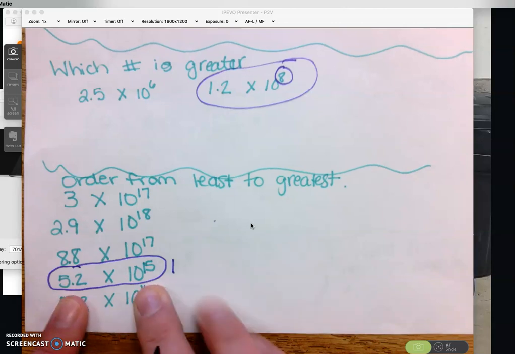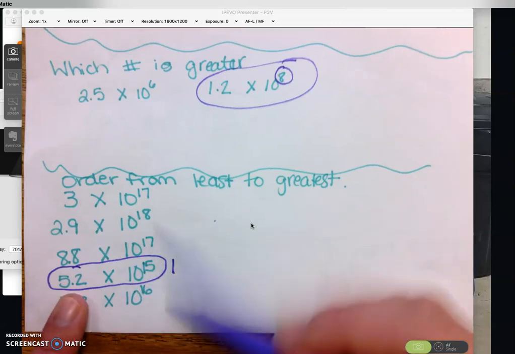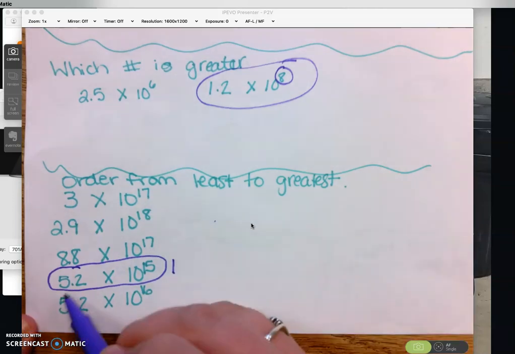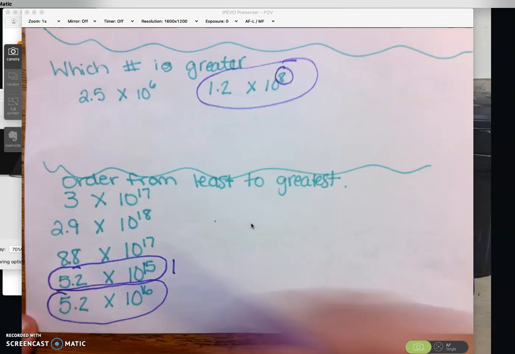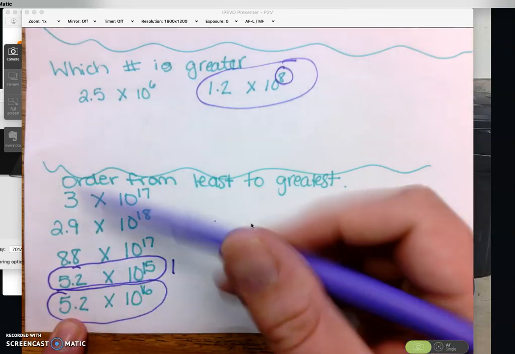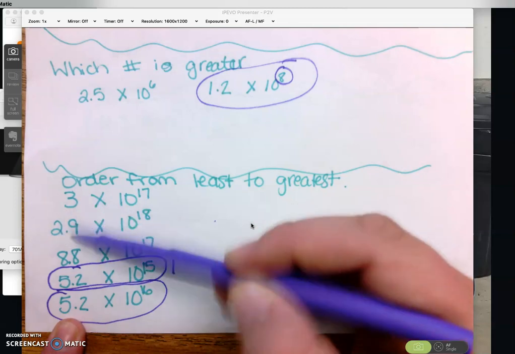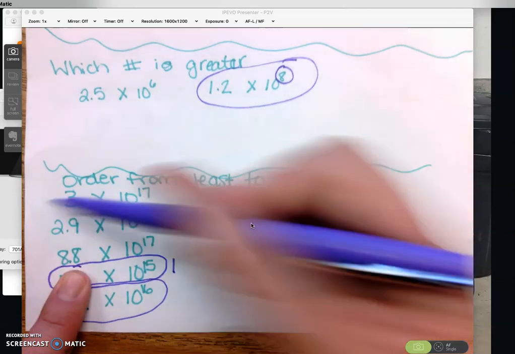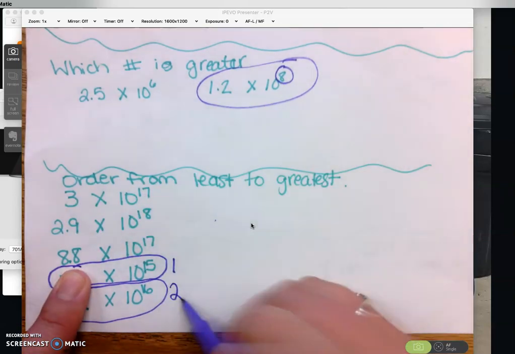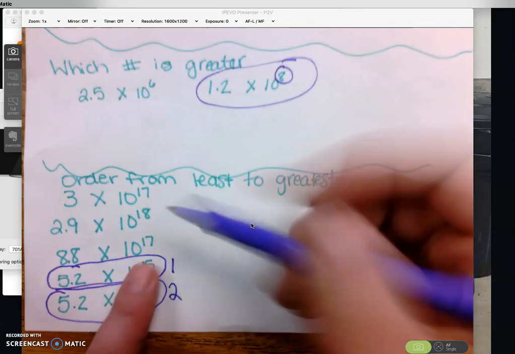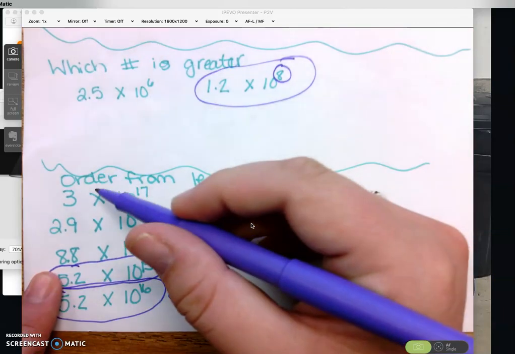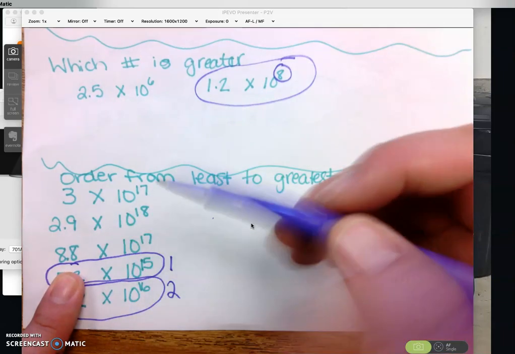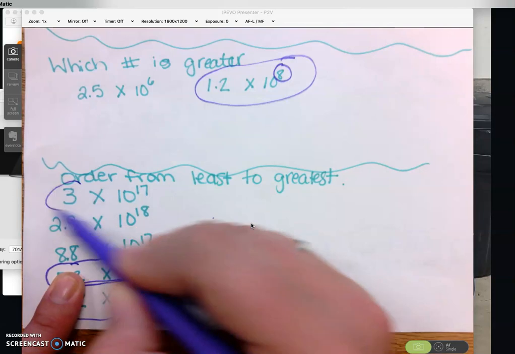Okay. So that's going to be the smallest. Then we go 17, 18, 17, or 16, which is the next smallest? 16. If you notice, just because they have 5.2 here, or even 2.89, these don't matter. It's all about the exponents to start. Then the next would be these two. Oh, I didn't put a number by that. Then if they are the same, then you look at the decimal number, and which is smaller, 3 or 8.8? 3.